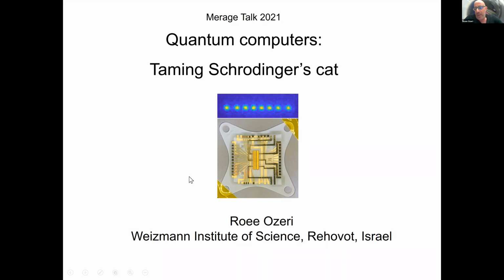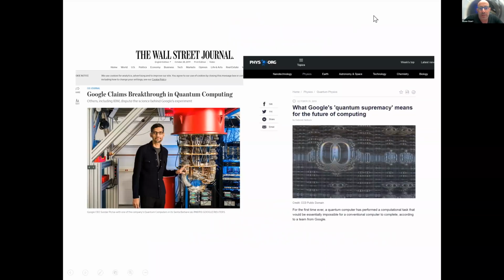I'm sure many of you, maybe most of you, have heard about quantum computing in the last few years. Quantum computing has certainly been in the news as a hot topic and a new paradigm for computing.